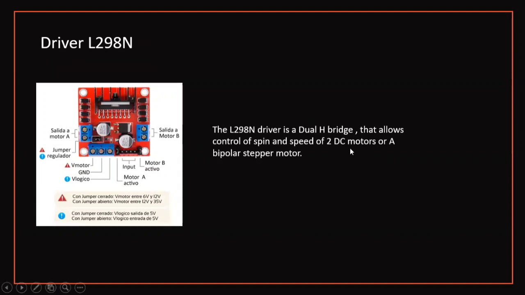And finally, we have the driver L298N. This driver is a dual H bridge that allows control of spin and speed of 2 DC motors or a bipolar stepper motor.